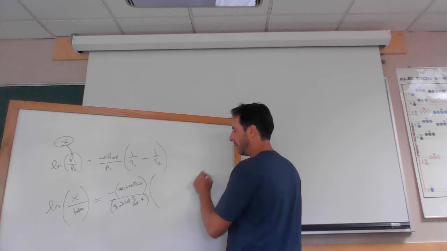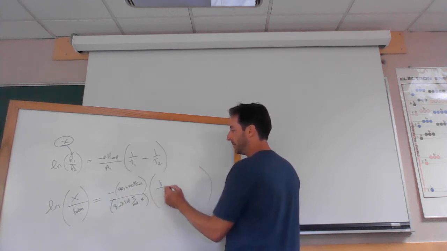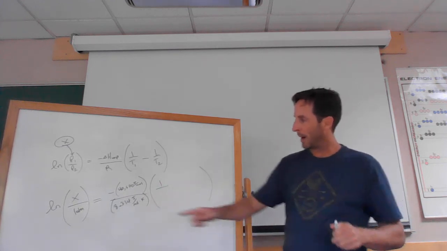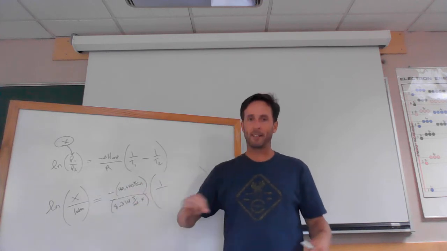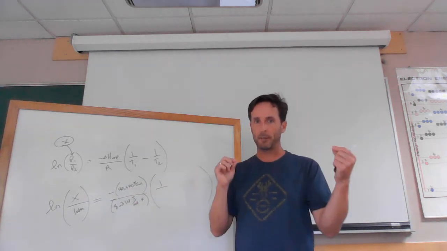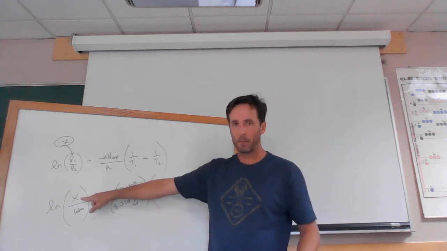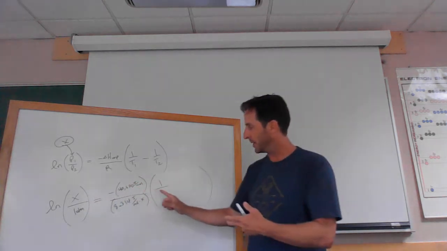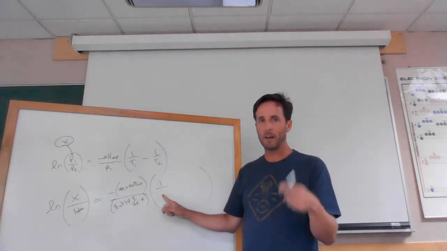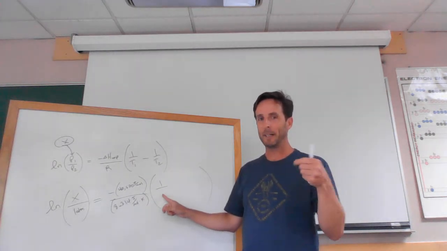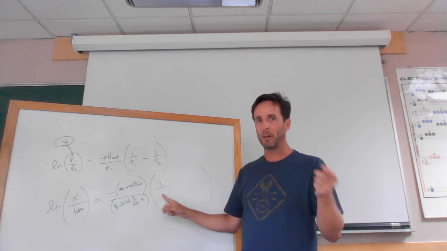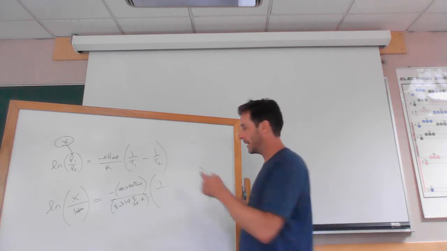And then 1 over T1. So my first data point, the question asked, what's the vapor pressure at 25 degrees Celsius? So those two are a pair. The vapor pressure is the unknown, but T1 should be 25 degrees Celsius, but it has to be in Kelvin. So 25 plus 273 gives me 298.